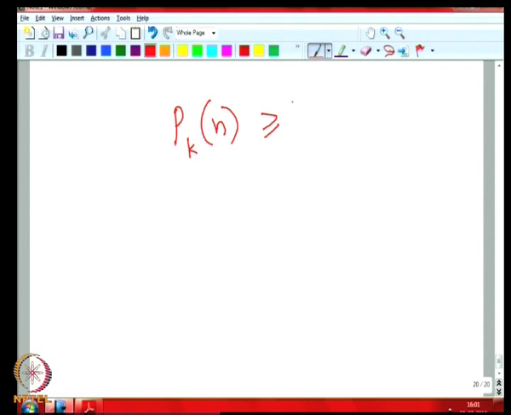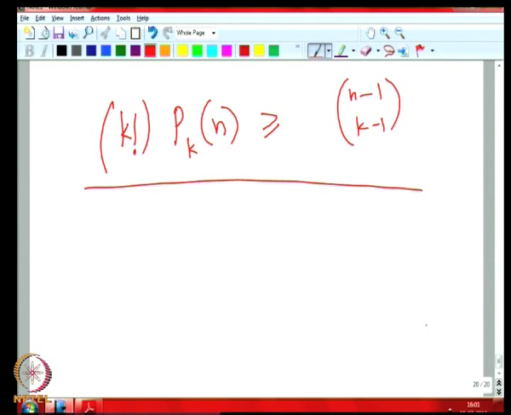We can always write this as k factorial into pk of n is greater than or equal to n minus 1 choose k minus 1.